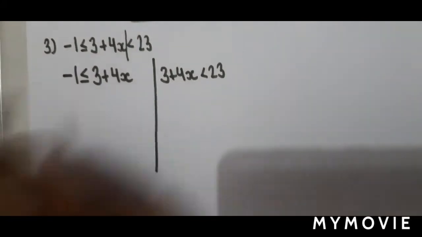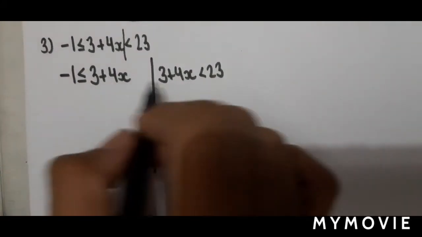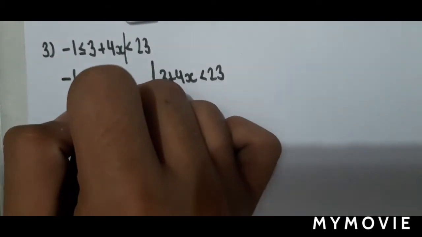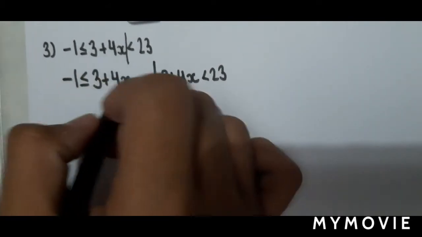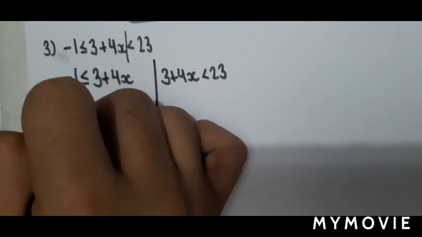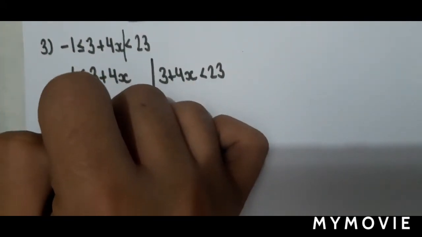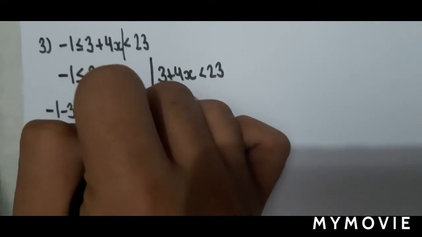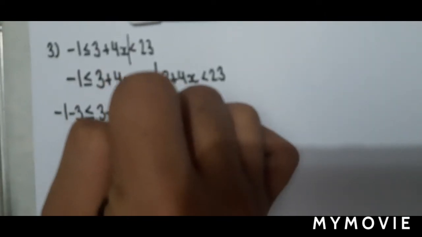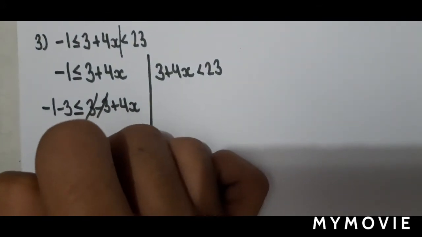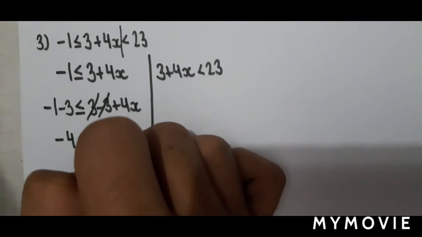Then let's solve it. Here you subtract 3 on both sides. So minus 1 minus 3, and 3 minus 3 plus 4x. If you subtract, this gets cancelled, and we get minus 4 less than or equal to 4x.